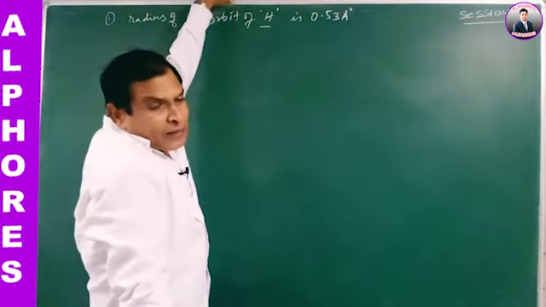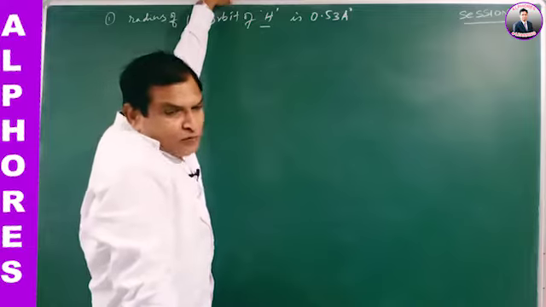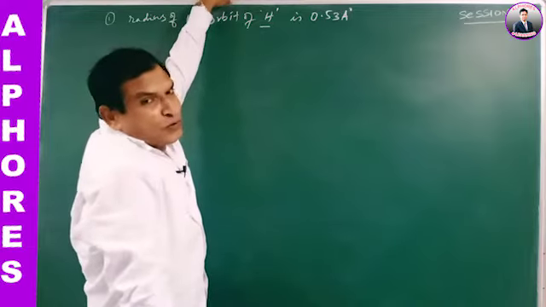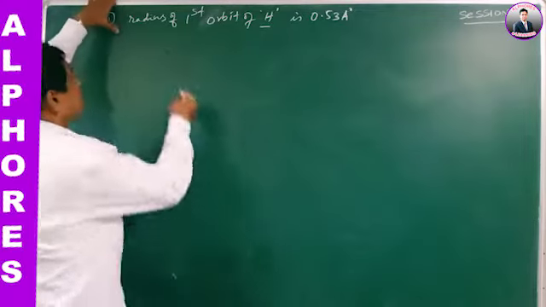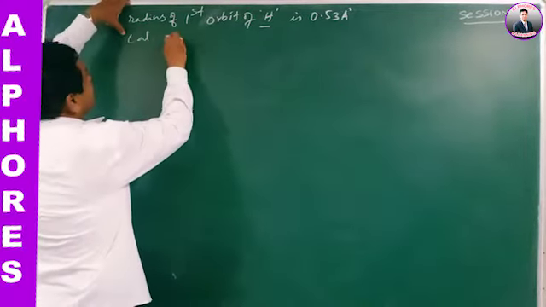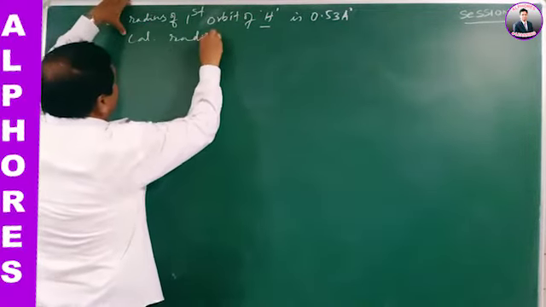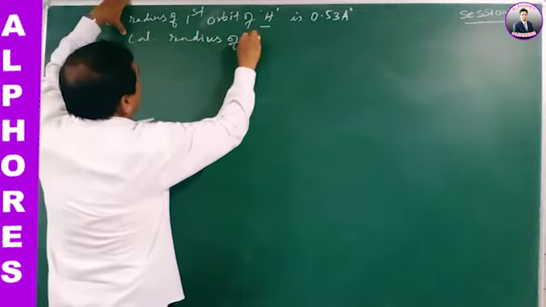Calculate the radius of the third Bohr's orbit of hydrogen atom, that means calculate the radius of the third orbit.